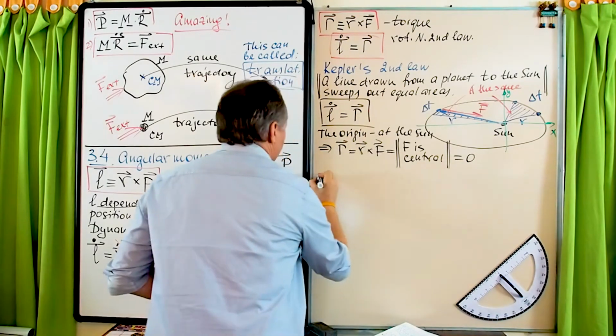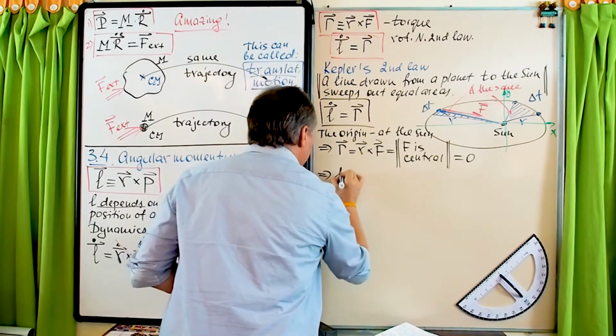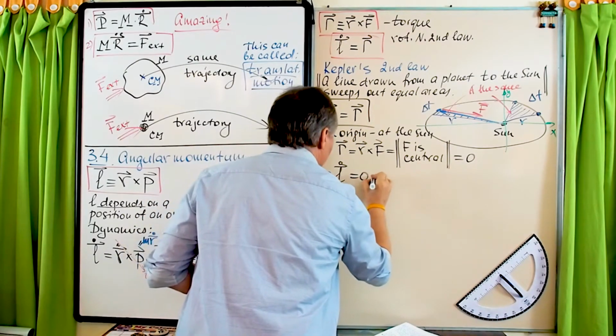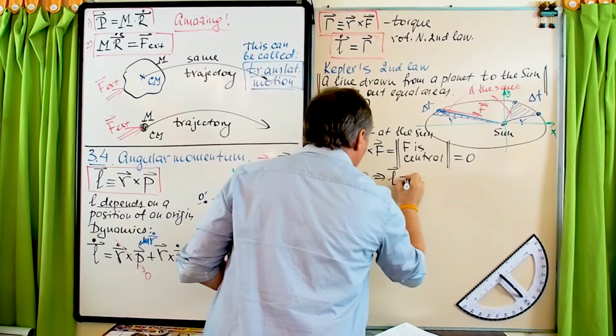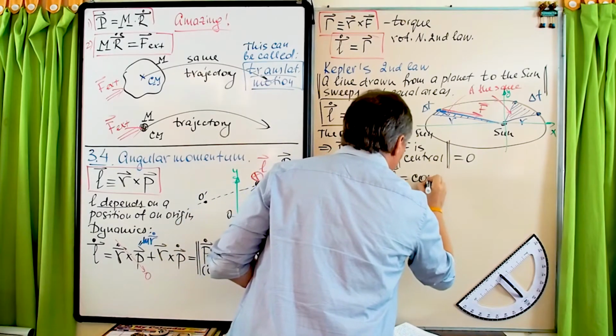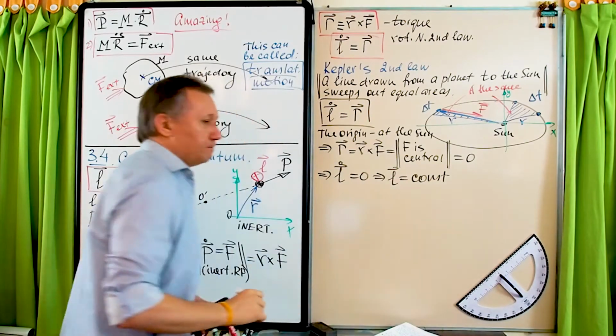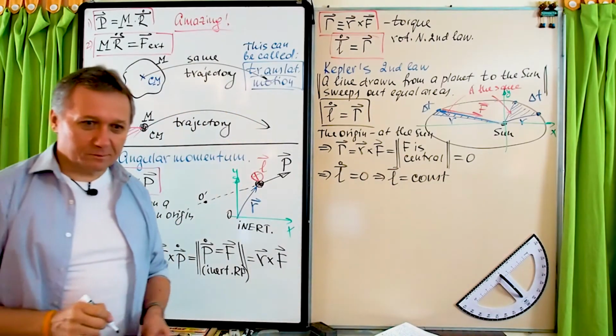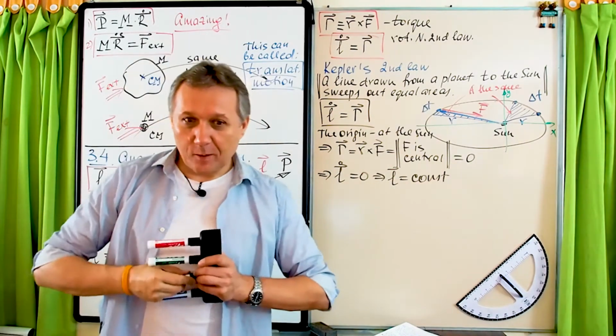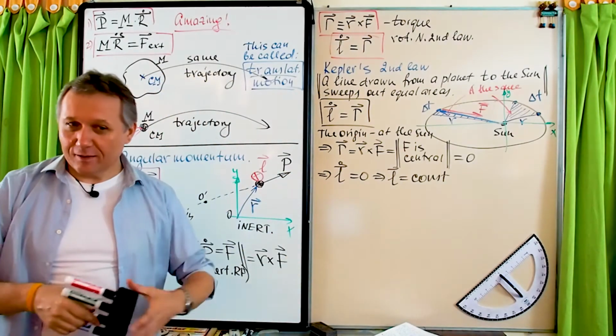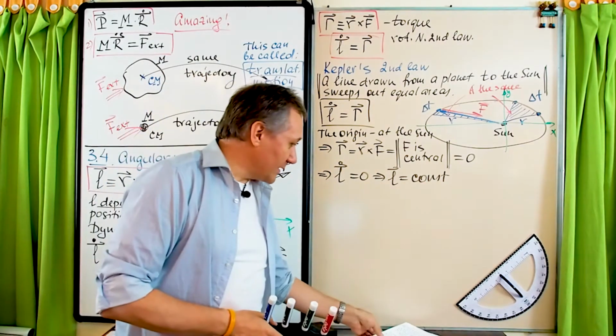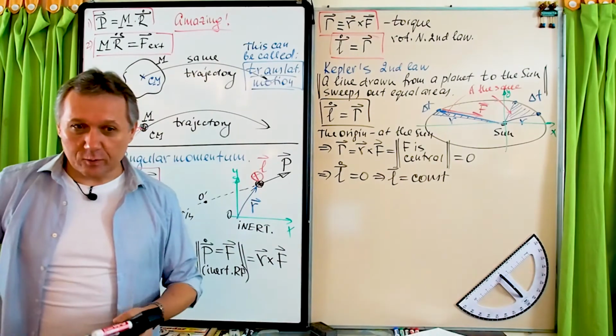And as a result, we immediately get a significant simplification of the problem. The angular momentum of the Earth is constant. Okay, now knowing this fact, let's expand it and see where it will lead us.